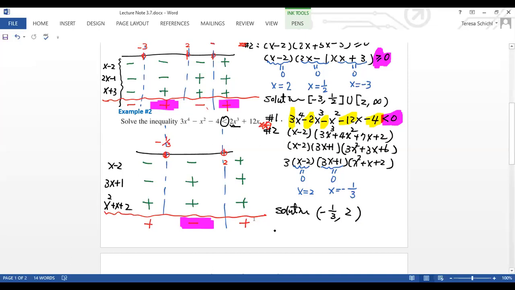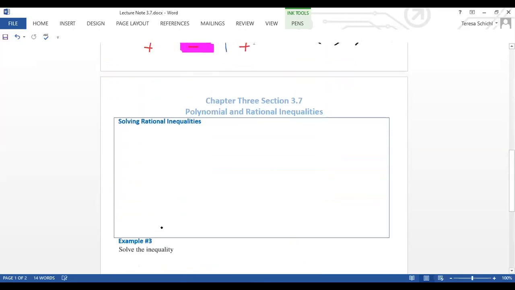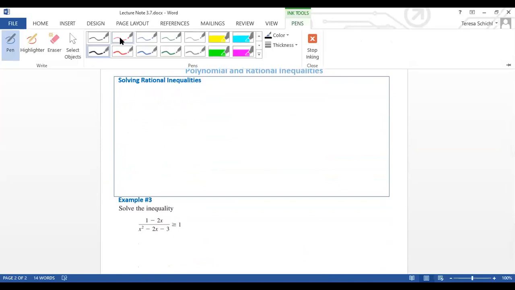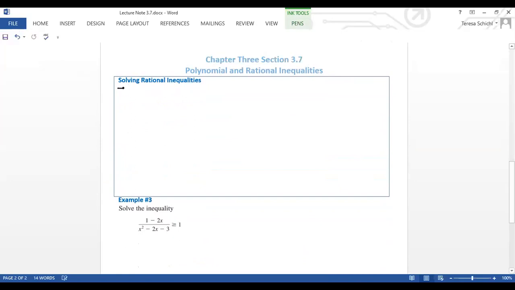All right. So the next thing here, how do I do the inequality for rational functions? For a rational function, everything is the same. The only difference is, step number 1, you move all the terms to one side.